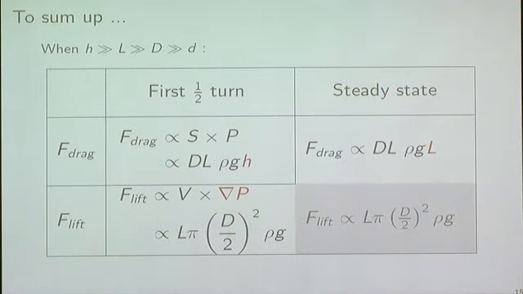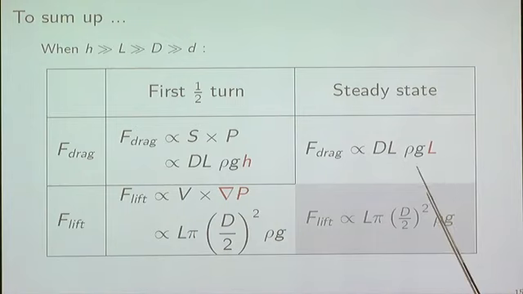So to conclude and to sum up, on the first half rotation, the drag is proportional to the hydrostatic pressure, so to the depth in the granular bed. The lift force is independent of the depth if we are far enough from the free surface, but is proportional to the pressure gradient.